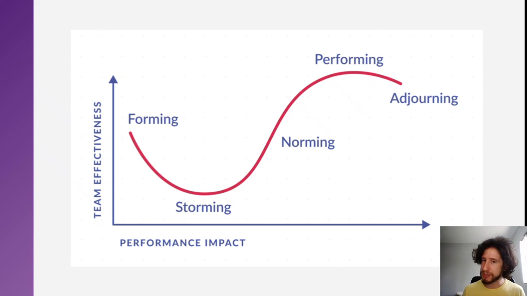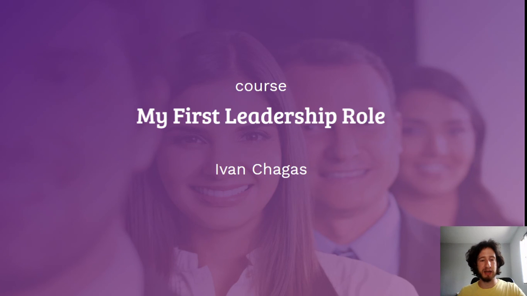New norms are going to come into play, and you may go through a lighter or even heavier storming phase. It all depends on how you deal with that. So it's not fixed for the group, it's between team members. All right, so this is the concept. I really enjoy it, and it's very useful for you to learn this concept.